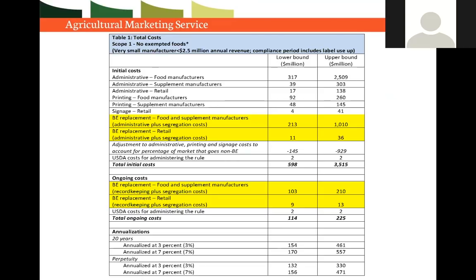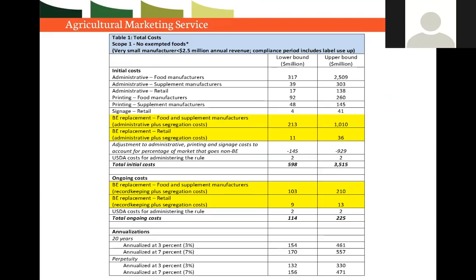For its analysis, USDA assumed that potential consumer reaction to BE labeling will drive manufacturers to avoid labeling 20% of their products as BE. In other words, USDA assumed that manufacturers and retailers would convert around 20% of products to verified non-BE products. The marketing decision to replace BE ingredients with their non-BE counterparts entails higher costs stretching back to the farm.